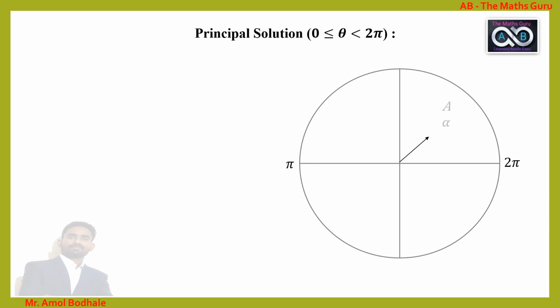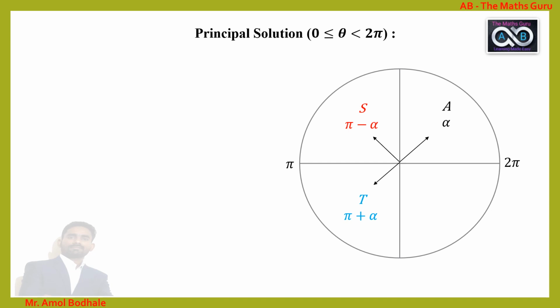In the first quadrant, all trigonometric functions are positive and the solution alpha lies in the first quadrant. In the second quadrant, sine and its reciprocal, cosec, are positive, and the remaining are all negative. The angle in the second quadrant is less than 180 degree, so we can say it is pi minus alpha. In the third quadrant, tan and its reciprocal, cot, are positive, remaining all are negative.